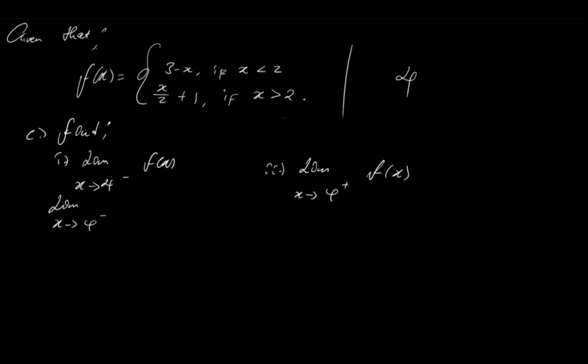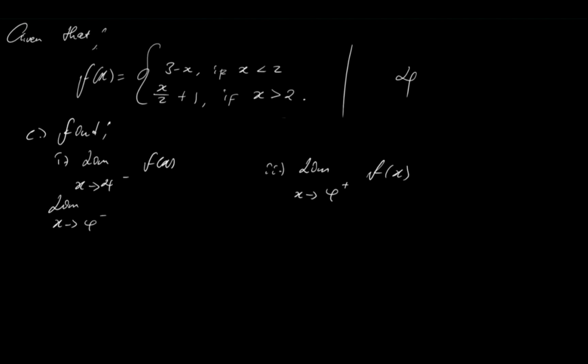So the function that we're going to get is the bottom function, which is x over 2, because we want to pick the values that are on the left-hand side of 4. So the closest values we can get are numbers like 3 or 3.9, just like that.